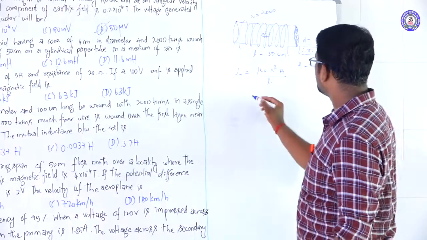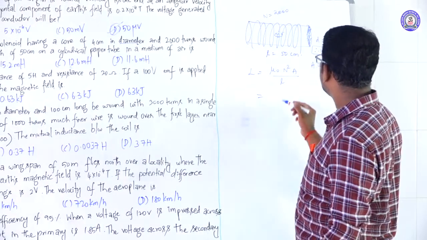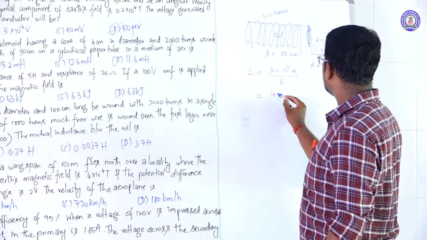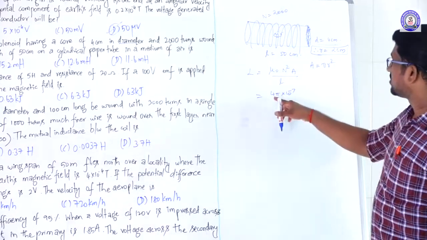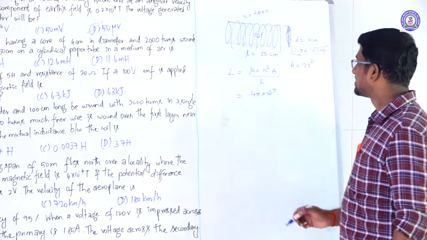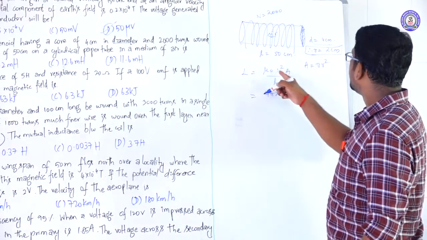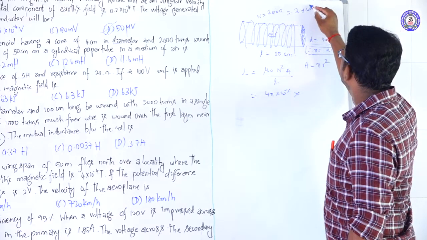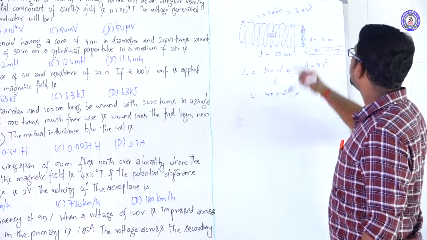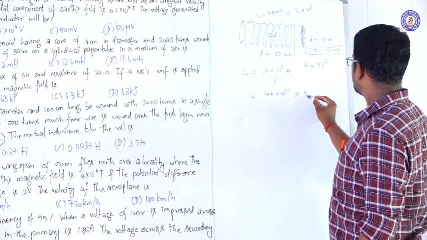Now substitute all the given values. Mu naught is 4 pi into 10 power minus 7. This is a constant, the permeability of free space. Into number of turns 2000 or 2 into 10 power plus 3, so N square is 4 into 10 power plus 6.